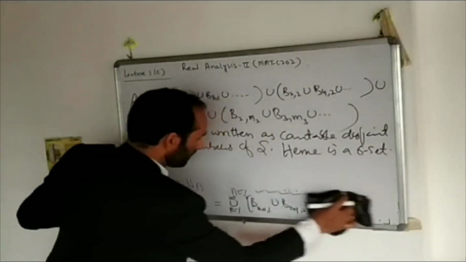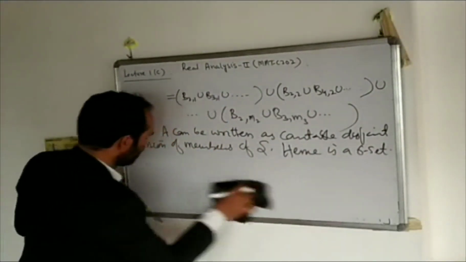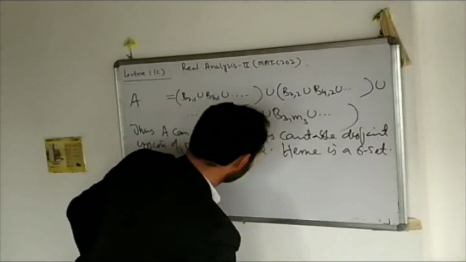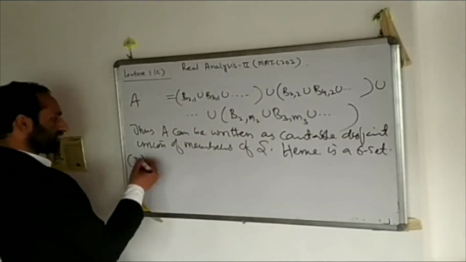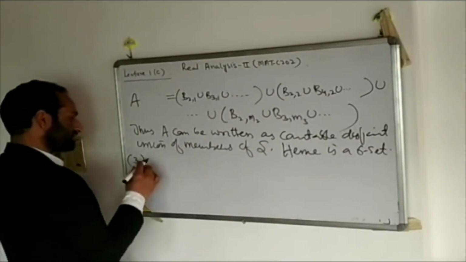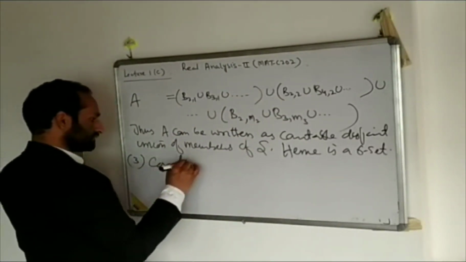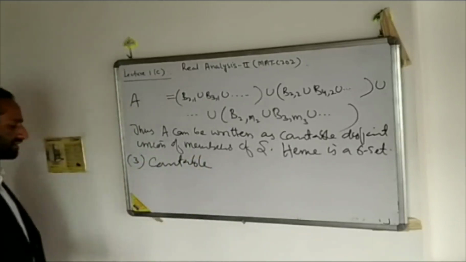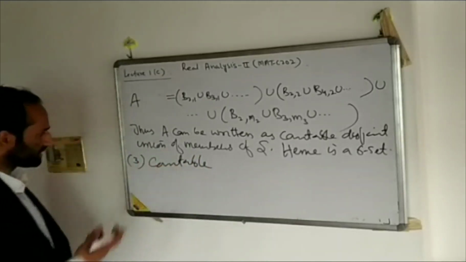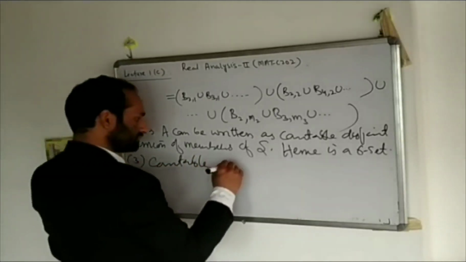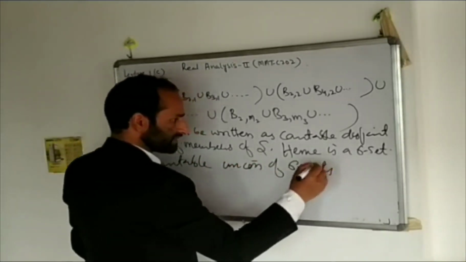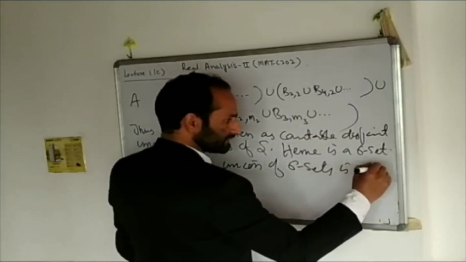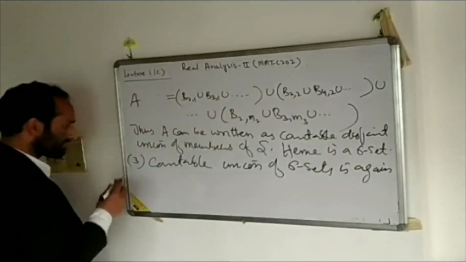Now we have the last part of this theorem, which says that the countable union of sigma sets is again a sigma set, and the finite intersection of sigma sets is again a sigma set. First we check that the countable union of sigma sets is again a sigma set.